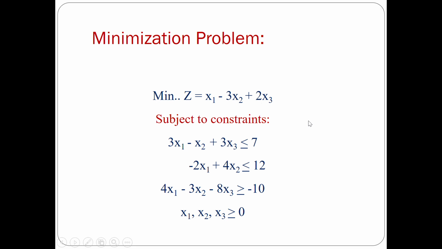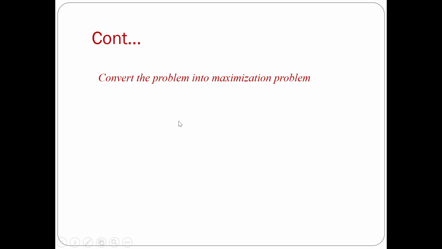The same thing is given in the next slide, and we can have z dash as the maximization function, where z dash represents minus z. So this is how we convert the minimization objective function into a maximization objective function.